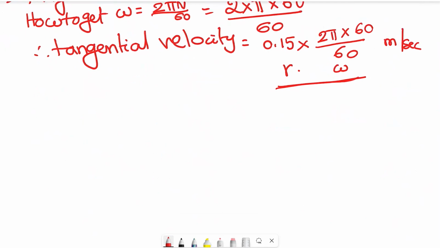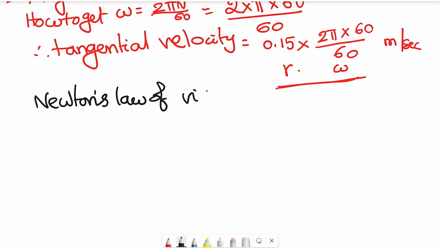So now let us go to our equations, right? So Newton's law of viscosity. The dimension y he has given, you have to see tau is equal to mu into dv by dy.